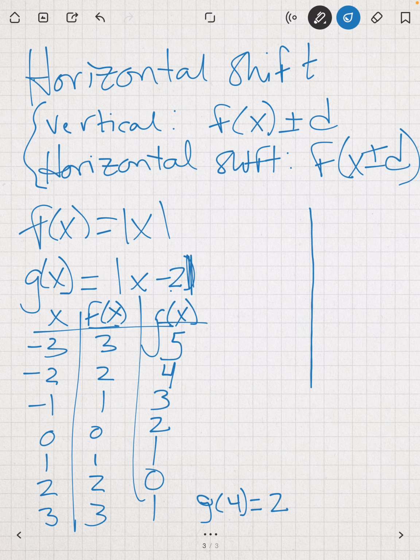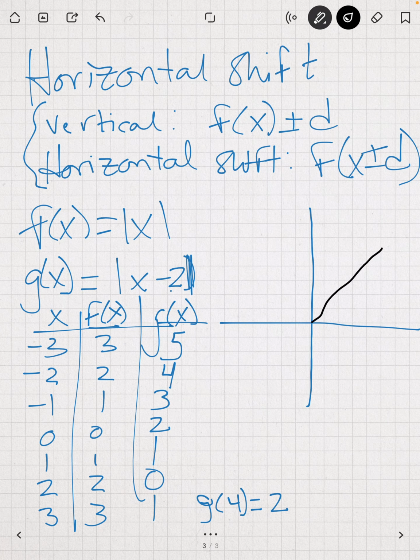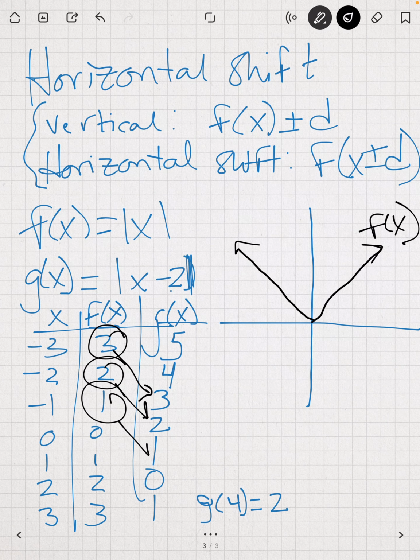And so now, if I graph this, and again, I'll just use black for my f of x. What you see, that 3 goes here, that 2 goes here, 1 goes here, 0 goes here, 1, 2.